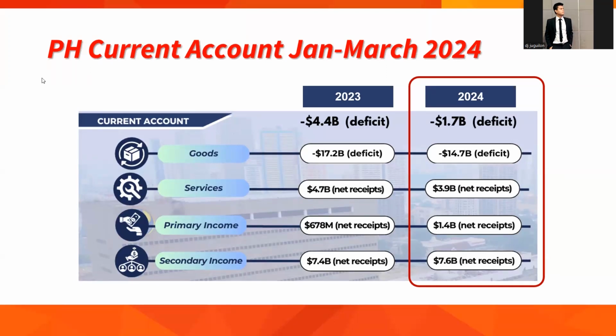And last is the secondary income with an amount of 7.6 billion. So this value is simply because of the inward remittances of non-resident overseas Filipino workers.